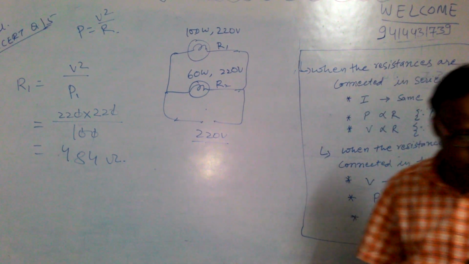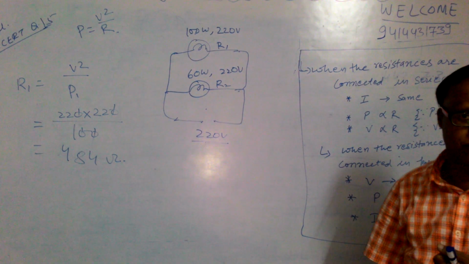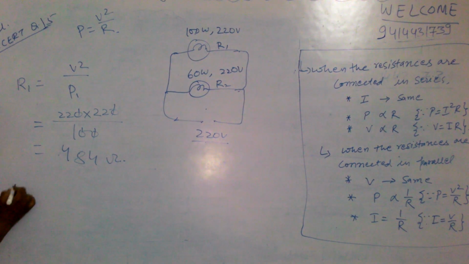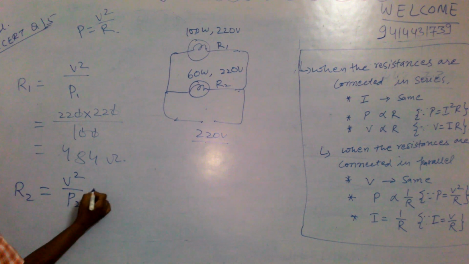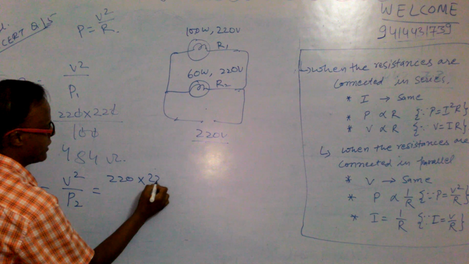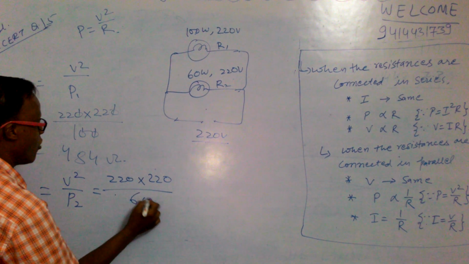Resistance of the second bulb R2 is equal to V square upon P2. 220 into 220 upon the power of the other bulb, which is 60 watt.